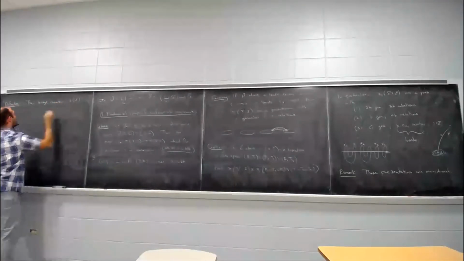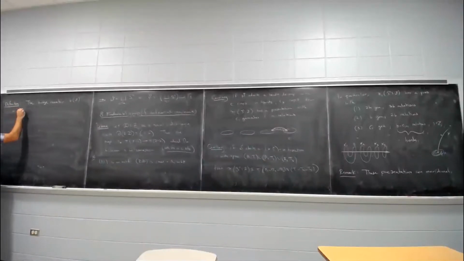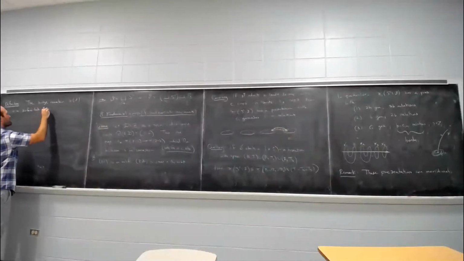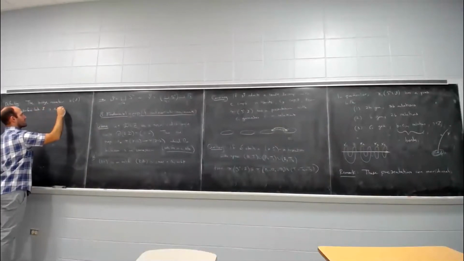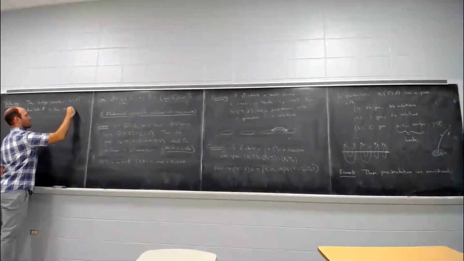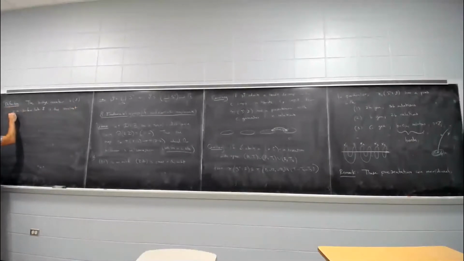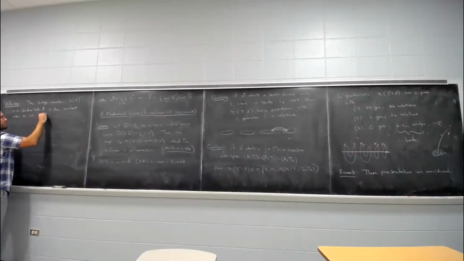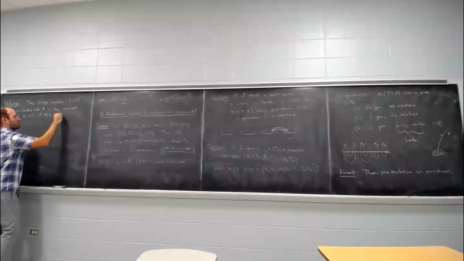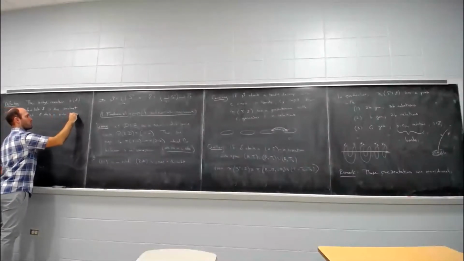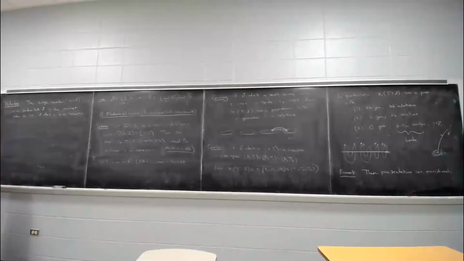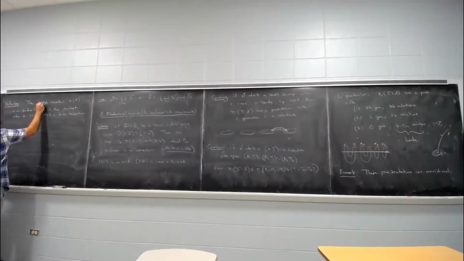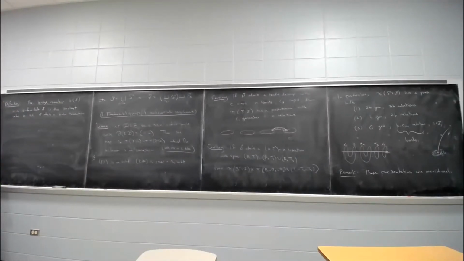The bridge number, B of S, of a surface link S is the smallest value B such that S admits a B-bridge trisection. There's no reference to the C's. It's the B's. I mean, you could probably also define something called the patch number.